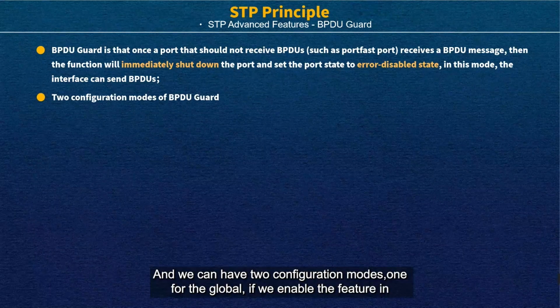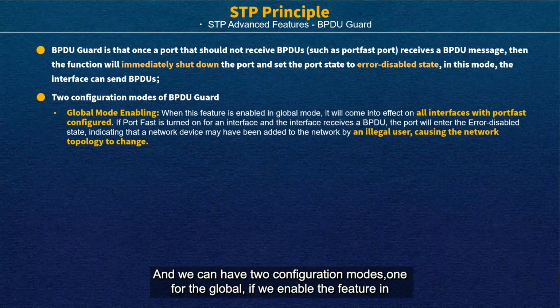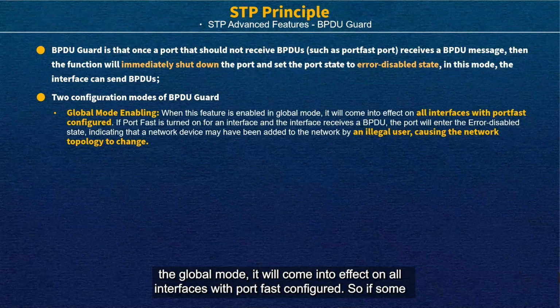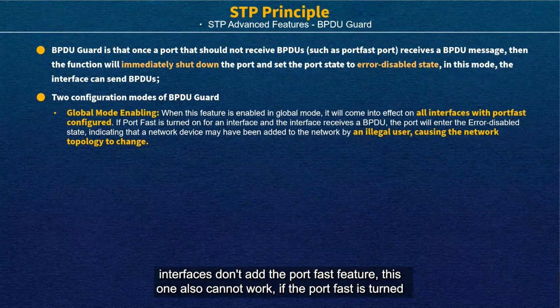Okay, and we have two configuration modes, one for the global. If we enable the feature in global mode, it will come into effect on all interfaces with port fast configured. So if some interface doesn't have the port fast feature, this one also cannot work.